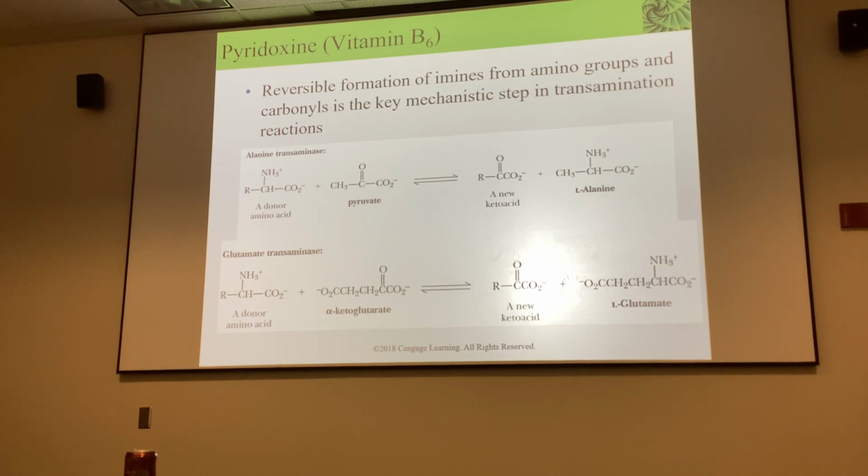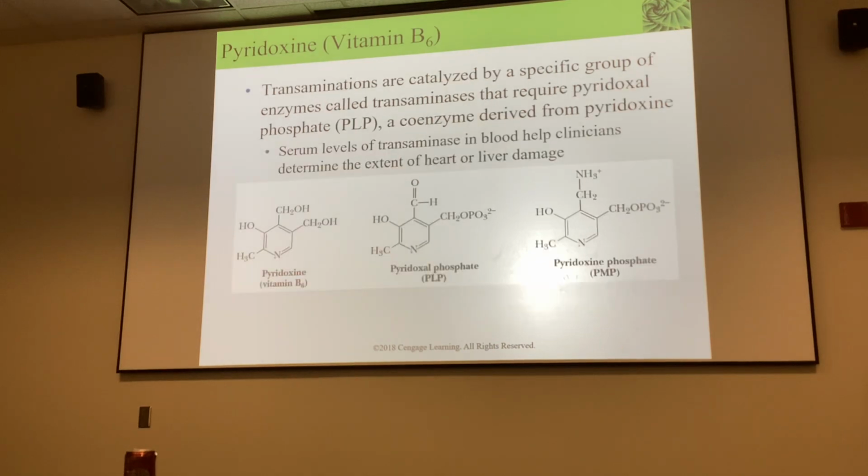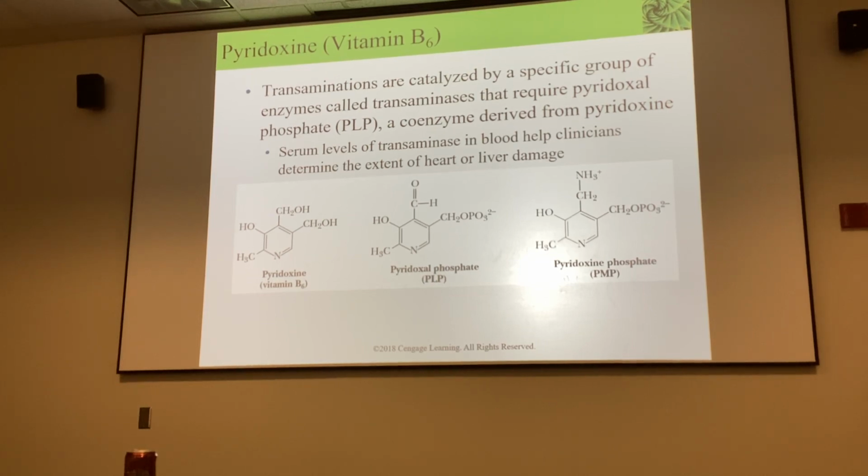Yep, amines and amino groups and carbonyls. This is the key mechanistic step in transamination reactions. So that's what we were trying to get to. Transaminations are catalyzed by a specific group of enzymes, because enzymes are like, oh, metal catalysts, you think that you're very clever.